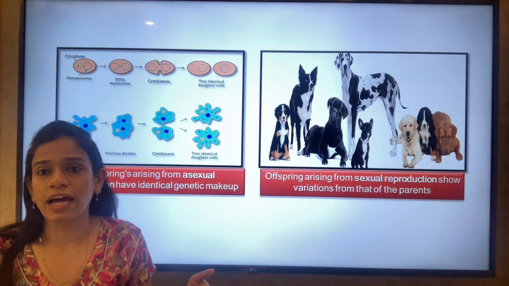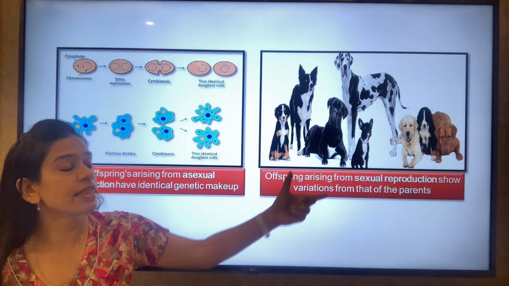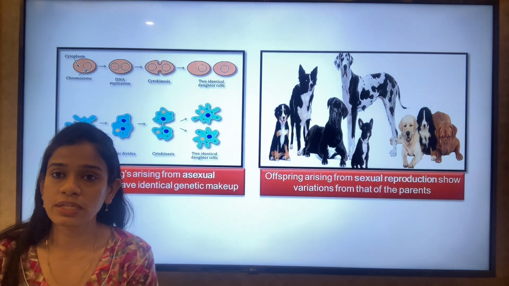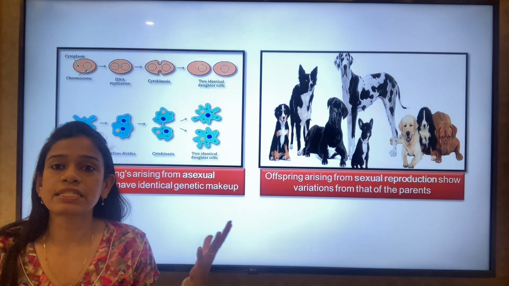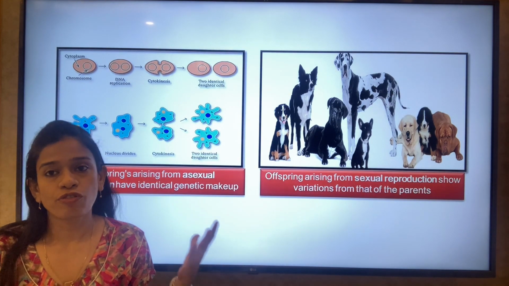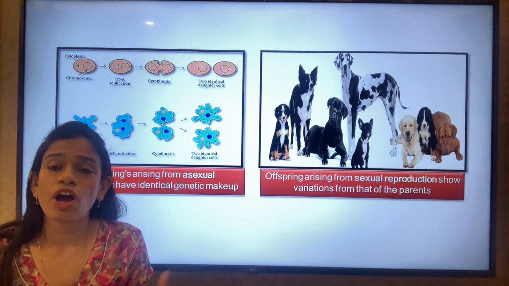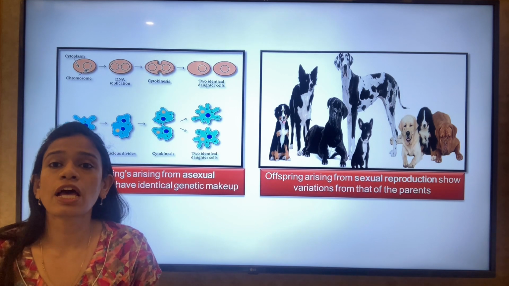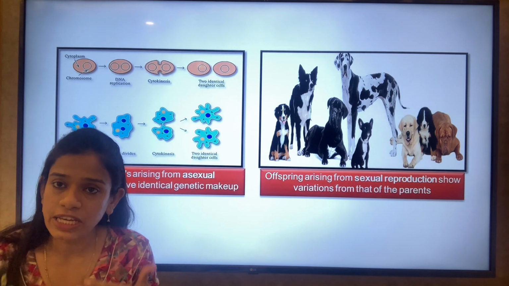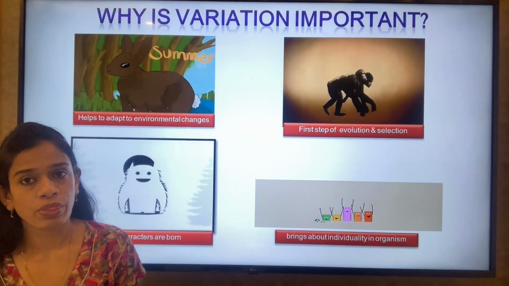Because of that uniqueness, variation arises. Variation is very important for nature, because Mother Nature always moves upon variations.